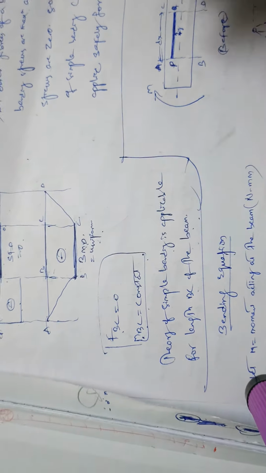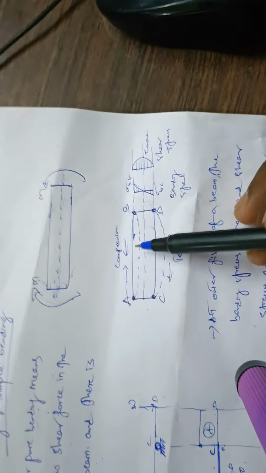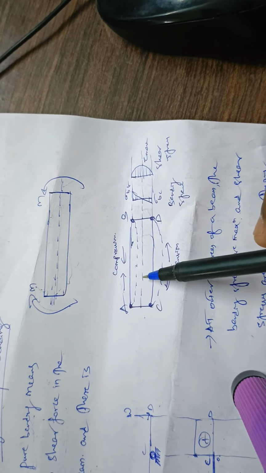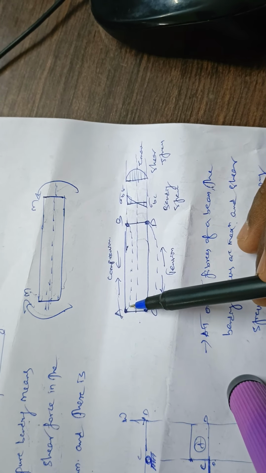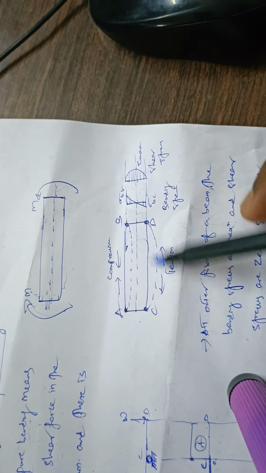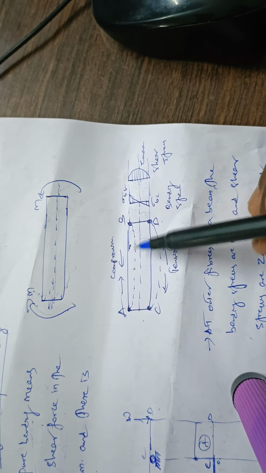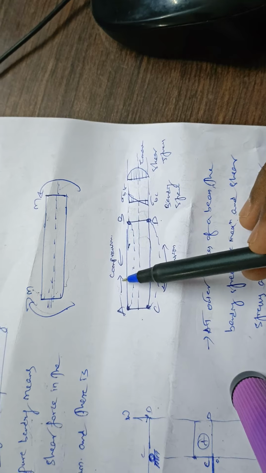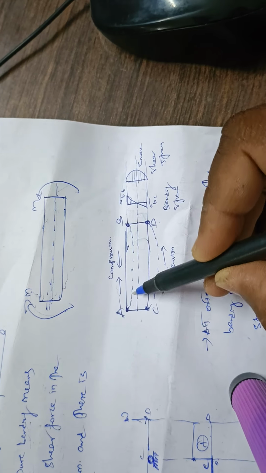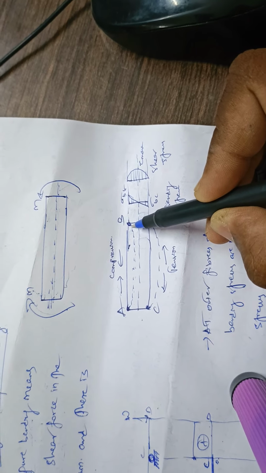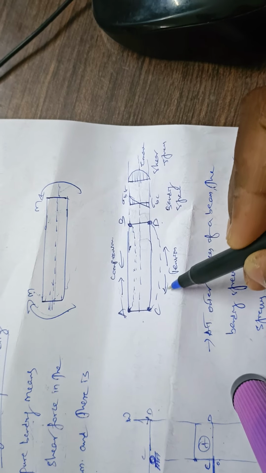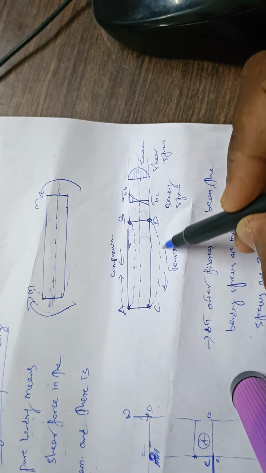Okay, and see the next condition. A beam which is given is nothing but an example. You can see it considered A, B and C, D, a horizontal beam. So here the forces which are acting on the beam will be moving in this bending condition.